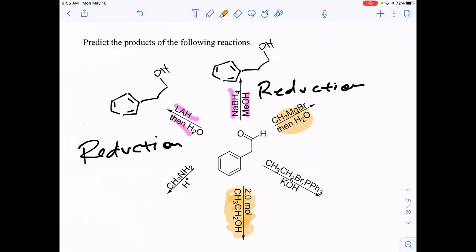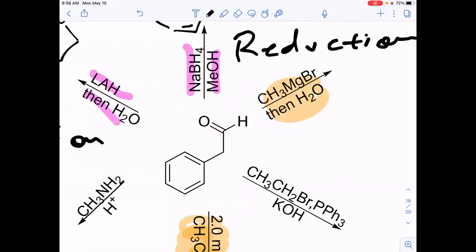All right. What's the product if I take that aldehyde in the middle of that wheel and treat it with that Grignard followed by water? What would I get? Remember that aldehyde is an electrophile, very good electrophile. And then the Grignard is a nucleophile, and this is the nucleophilic part of it right here. So what am I going to get from that?